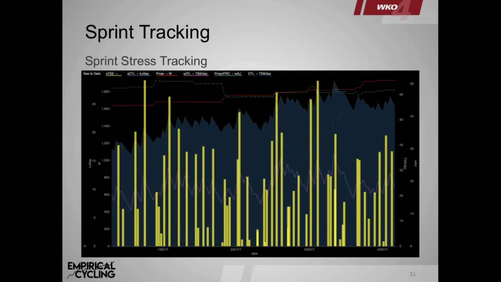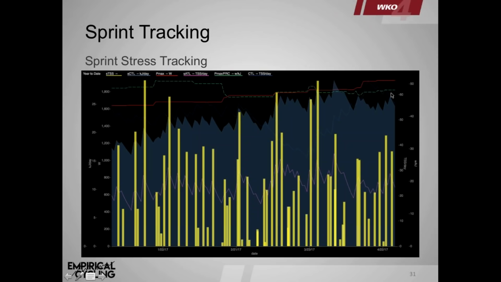The reason I have the Pmax FRC ratio here is because as I watch Pmax increase, this athlete increased their Pmax from a little over 1,600 watts to the upper 1,800s in this time period, and we saw a very large increase in FRC, I think it was like 10 or 15 kilojoules or something, but the ratio stayed pretty well the same.